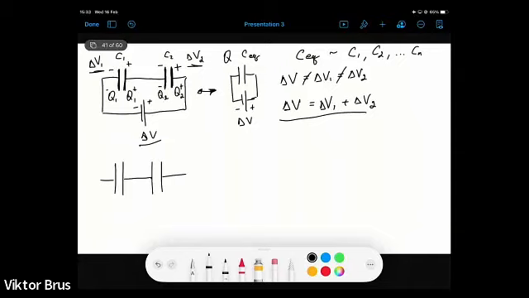Here we have minus, here plus, here minus, and here plus. Now, if you take a look at these plates, we have the right plate of the left capacitor, or first capacitor, and the left plate of the right capacitor, or second capacitor.